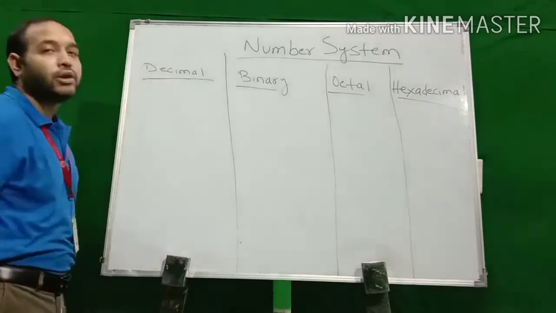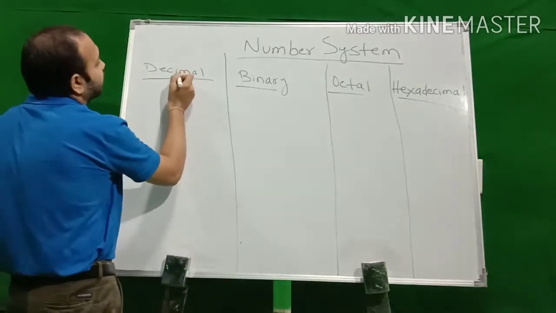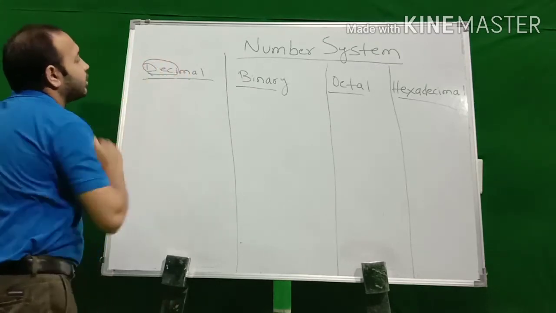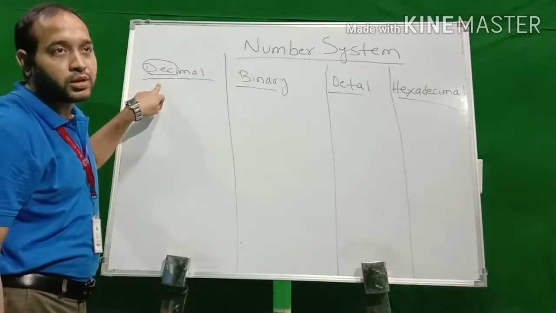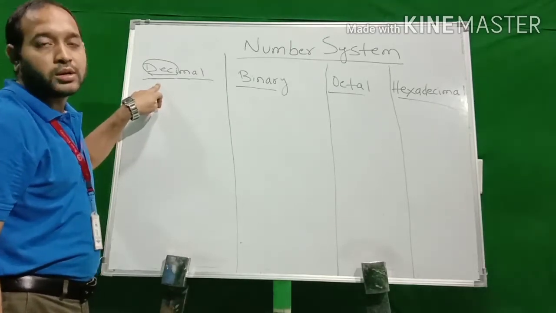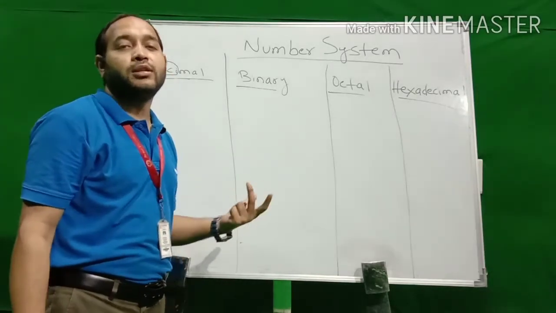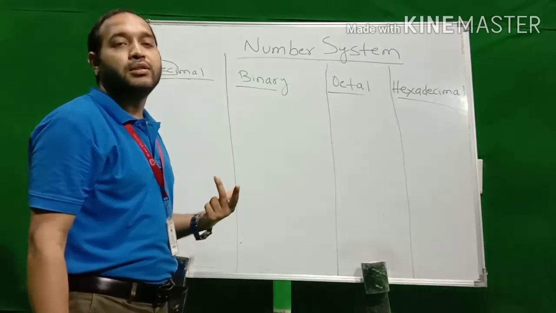So first, the decimal number system. Why do we call it decimal? You see the word deci. You know kilo, like we say kilometer, millimeter: kilo means 10 to the power 3, milli means 10 to the power minus 3.